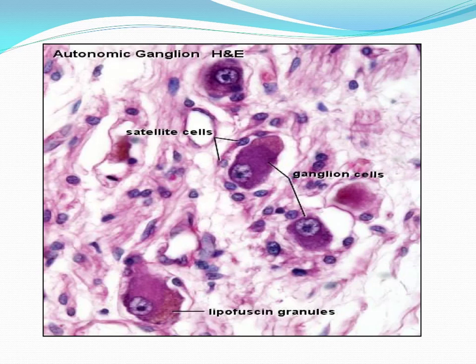Here we can see also in this cell this golden brown color of lipofuscin granules or lipofuscin pigment discussed before. Okay, here you can see that in between these nerve cells, we have also these red and blue representing the nerve fibers.